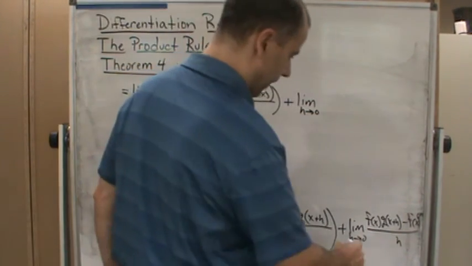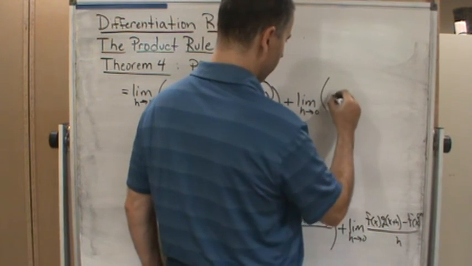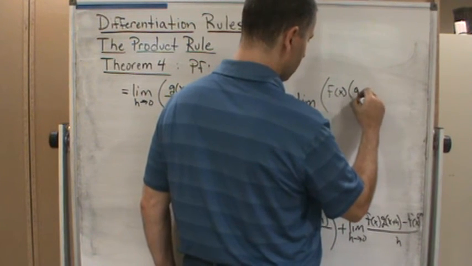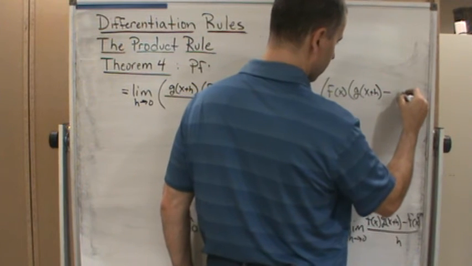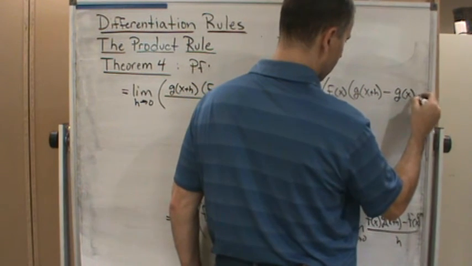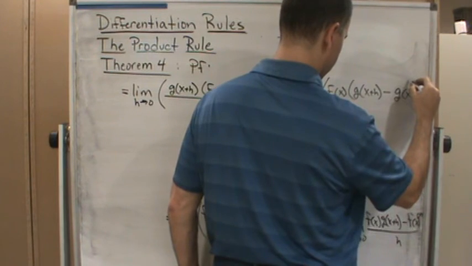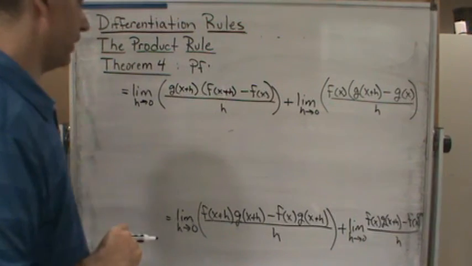Now the greatest common factor here is f of x. So we're going to get f of x times g of x plus h minus g of x, all over h. Okay, so now that's where we're at.